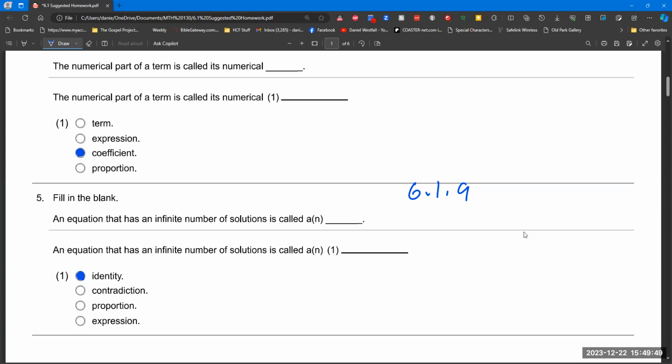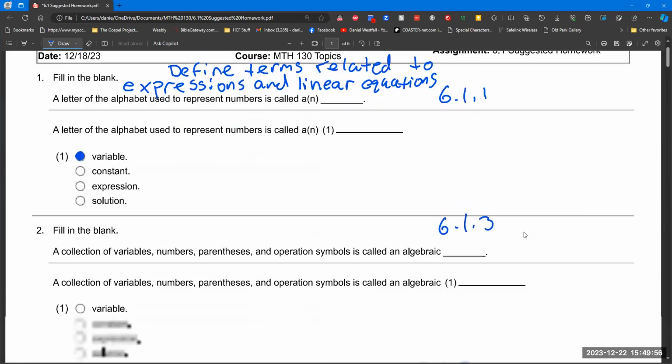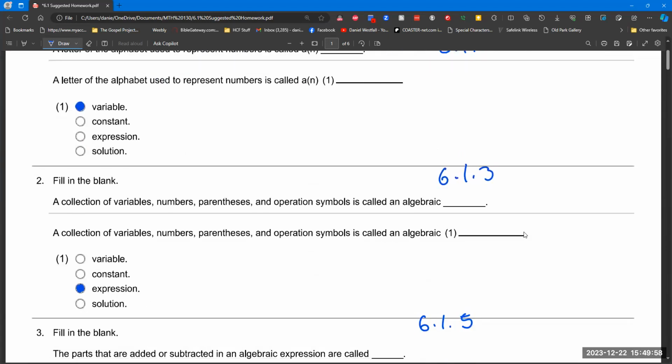Okay, so let's go ahead and look at some examples of these things. If I have an expression, let's say, 3x plus 5, then 3 is the numerical coefficient of this term.